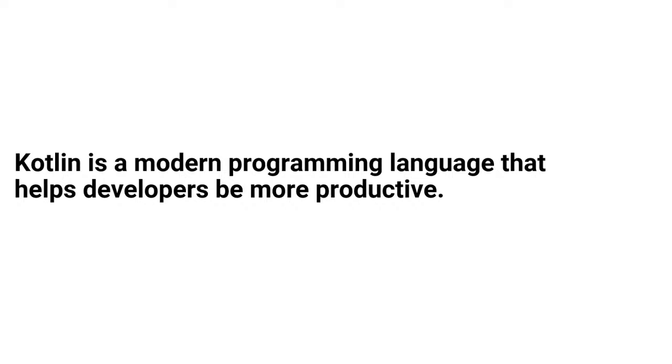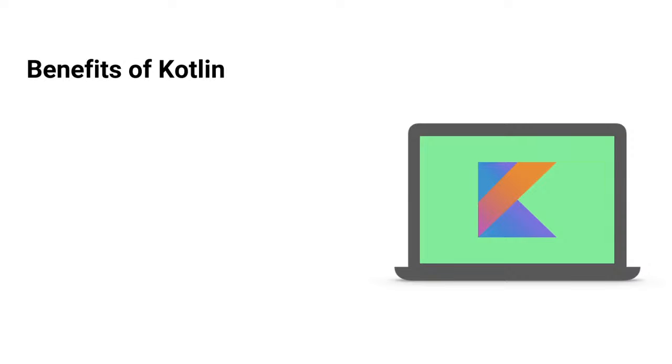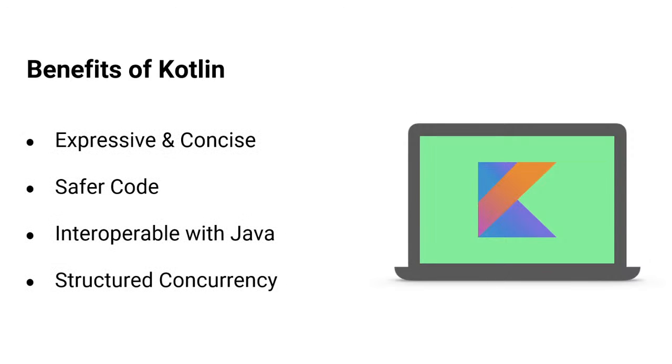Now let's talk about the benefits of Kotlin: expressive and concise, safer code, interoperable with Java, and structured concurrency. It is expressive and concise because writing code in Kotlin is more expressive and easier than Java. If you have written anything earlier, you will understand why I am saying that.